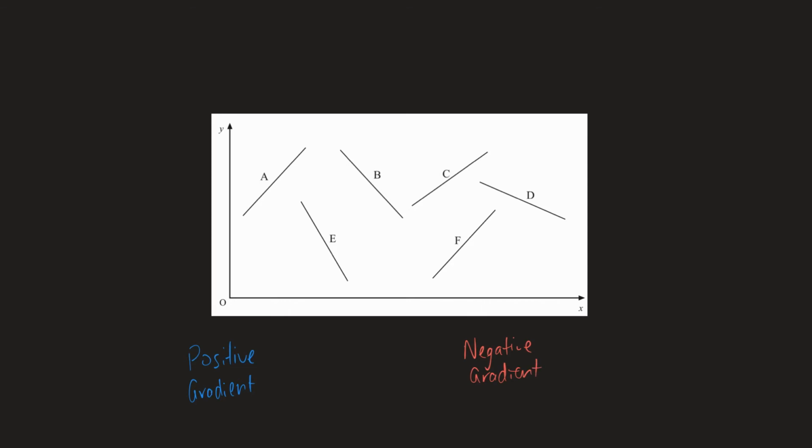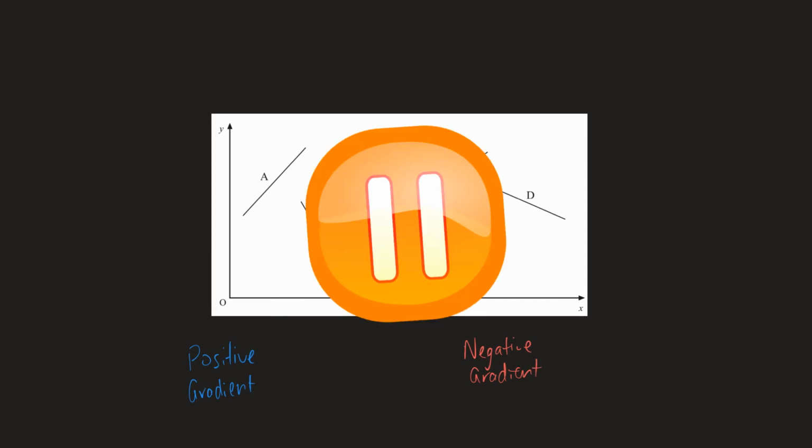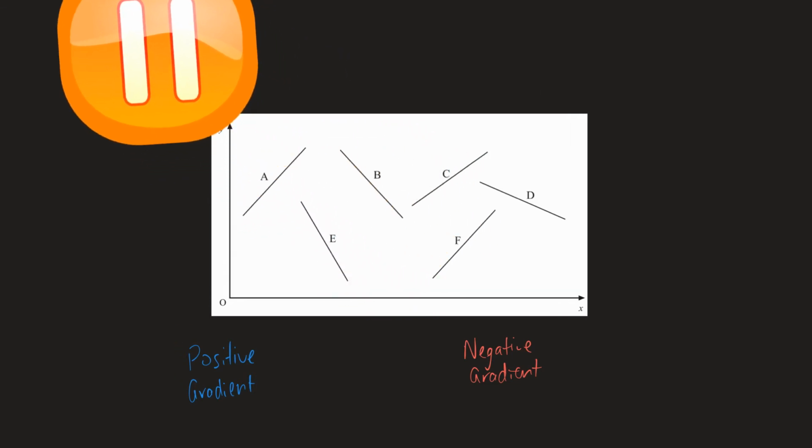What I want you to do is pause the video and attempt to identify which of those letters or lines has a positive gradient and which has a negative gradient.